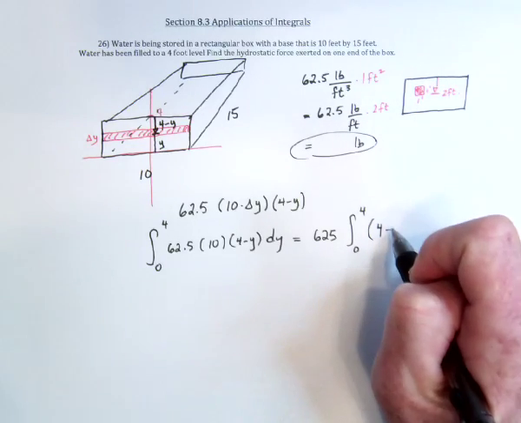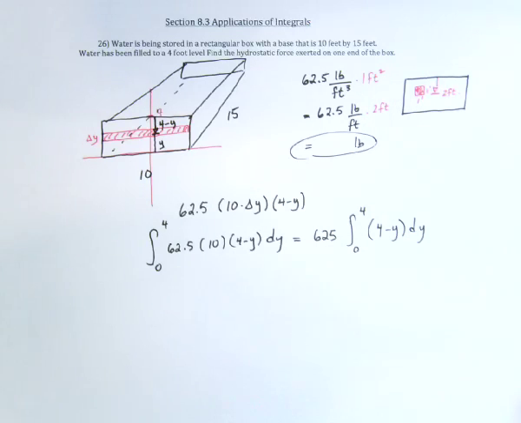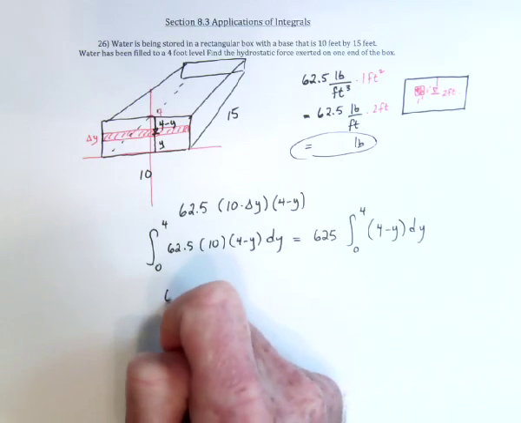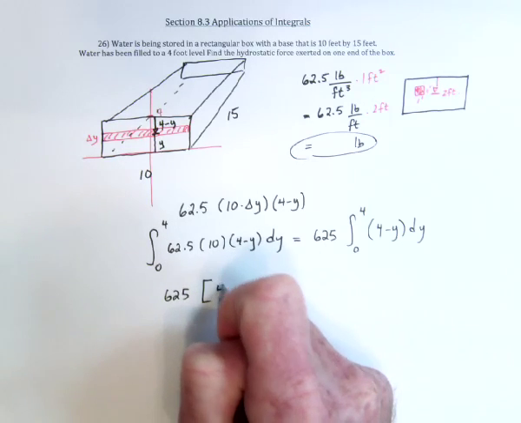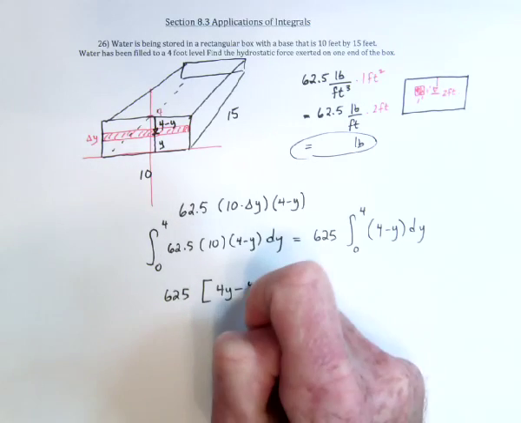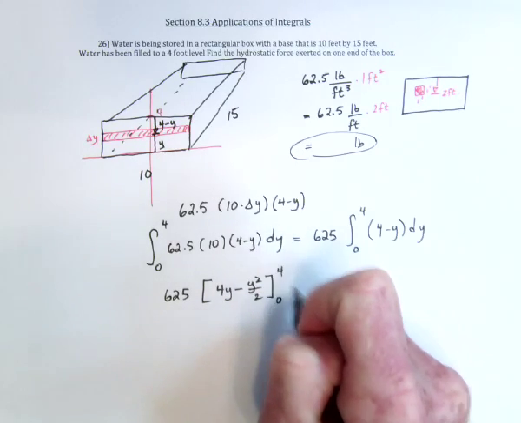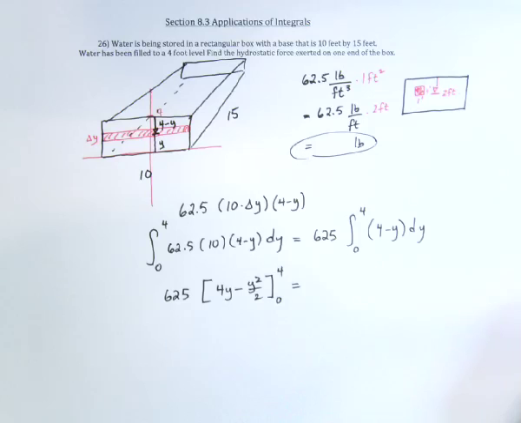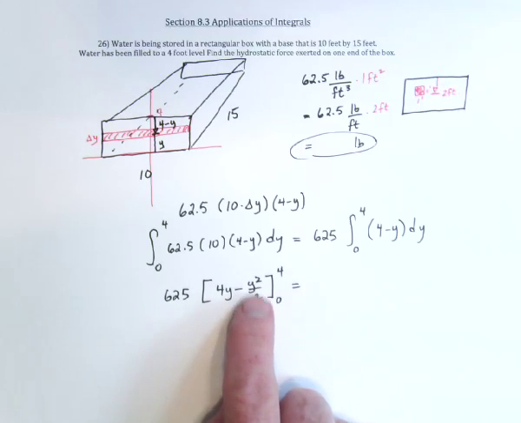Okay, I'll just go ahead and say it twice rather than rewrite it. So integrate that, which is going to be 4y minus y squared over 2. And then evaluate from 0 to 4. So you've got 625 times, let's see, this is going to be a 16 when I substitute the 4. This is going to be a 16 divided by 2.